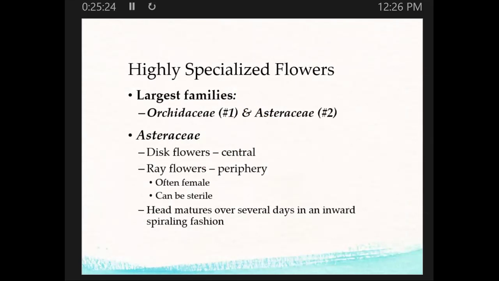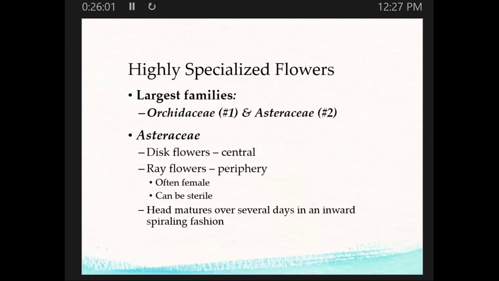And often when you look at the ray flowers more carefully, they tend to be either female or they could actually be sterile. There's no sexual substance. And if you can follow that flower's pollination events all the way to seed formation, even with the flower, getting the flower bud to mature and open on that inflorescence, you tend to see the spiraling pattern of how those little tiny flowers will open.